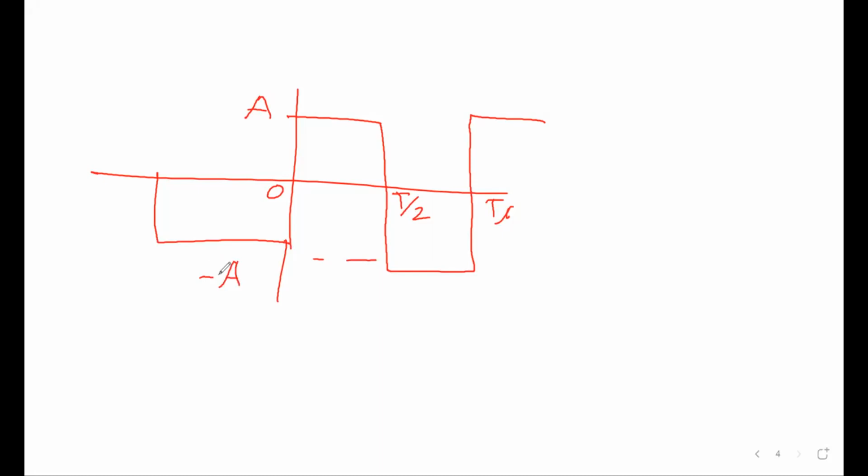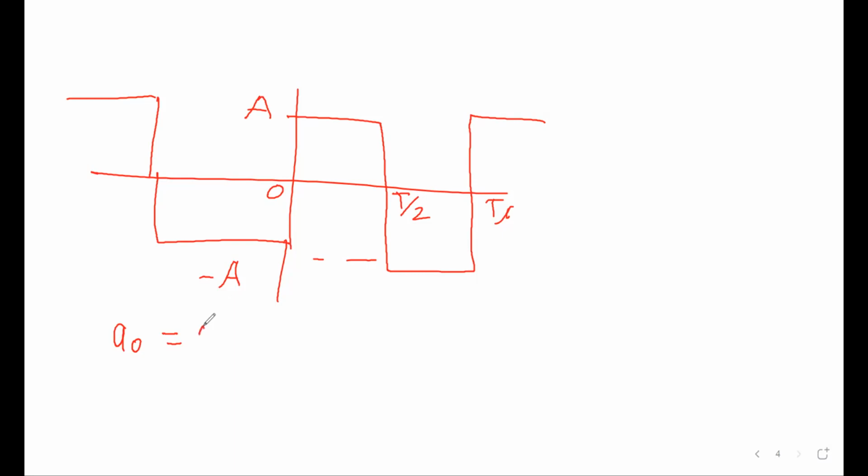Common sense will tell you that if we want to generate a square wave by the Fourier series, which contains an average value as well as some cosine and sine terms, will there be any average value for this function? Will there be any A0 constant for this function? If we take the average value over one period of this function, it will be 0, okay?